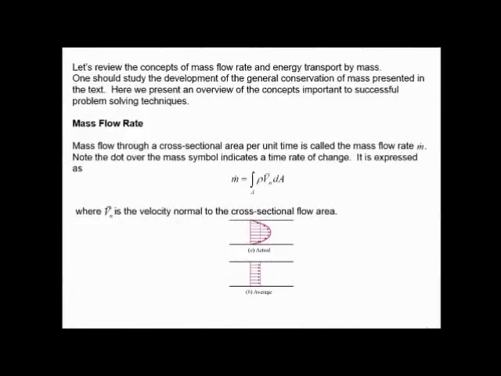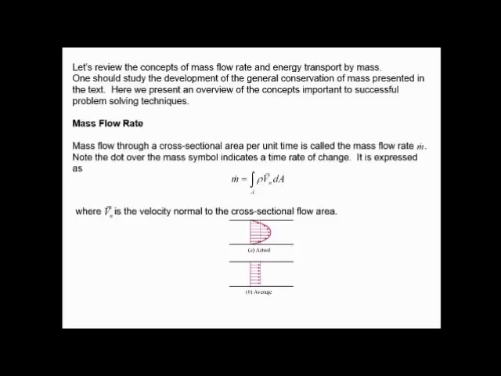So let's review our concepts of mass flow rate and energy transport by the mass. Once you study the development of this general conservation of mass presented in the text, here we present an overview of the concepts important to successful problem solving techniques. First is the mass flow rate, that is, mass flow through a cross-sectional area per unit time is called the mass flow rate. It is denoted as m dot.